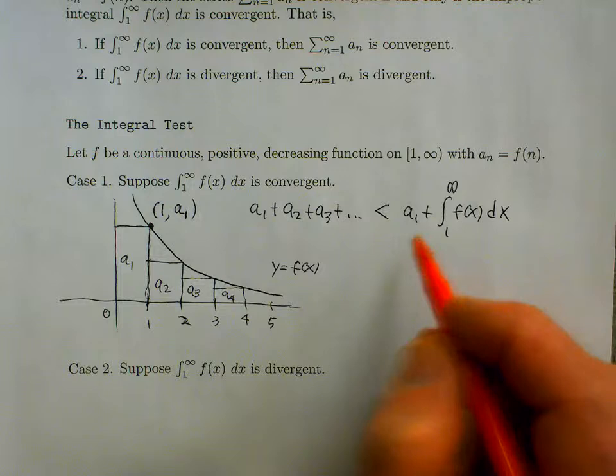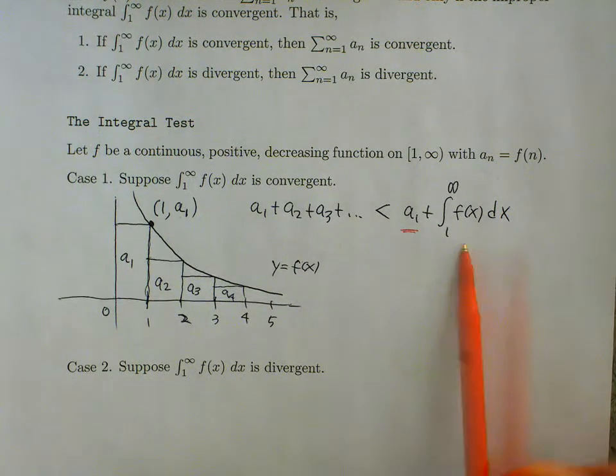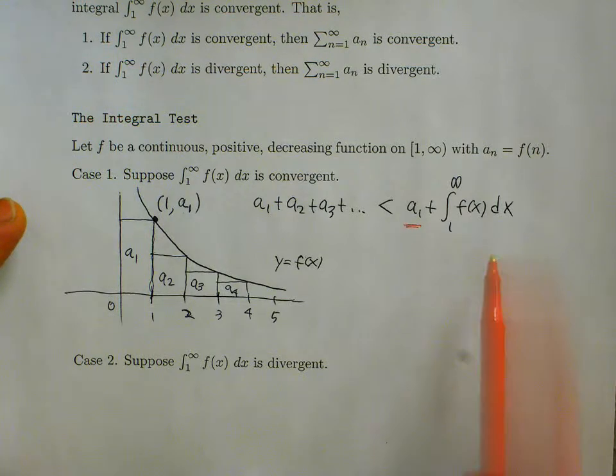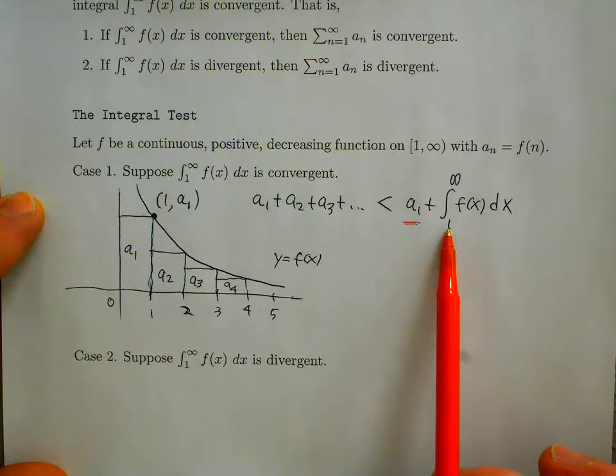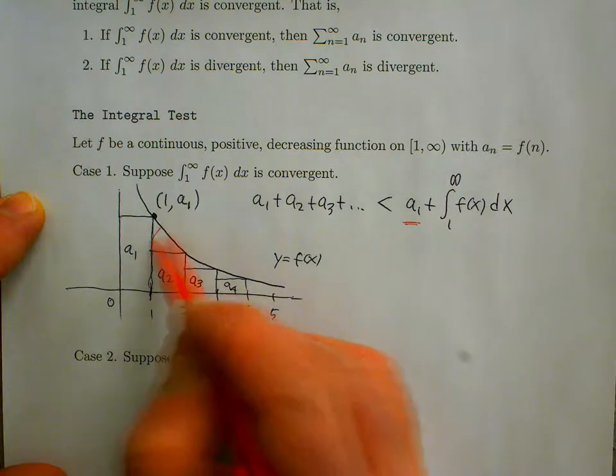So why do you suppose I put the a sub 1 plus the improper integral on the right-hand side? Don't know? Okay. Well, the improper integral of f of x from 1 to infinity, that is just this area.